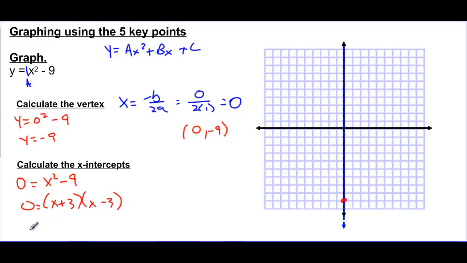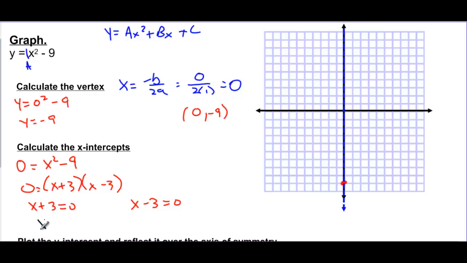Setting each of these equal to 0, I get x plus 3 is equal to 0, or x minus 3 is equal to 0. When you solve those, and I'll leave that to you, you get negative 3 out of this one, and positive 3 out of this one. So my two x-intercepts are negative 3, 0, and positive 3, 0. Those are points that I can graph.